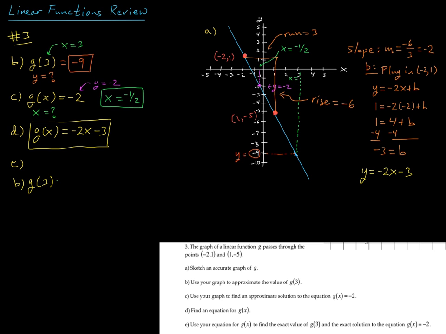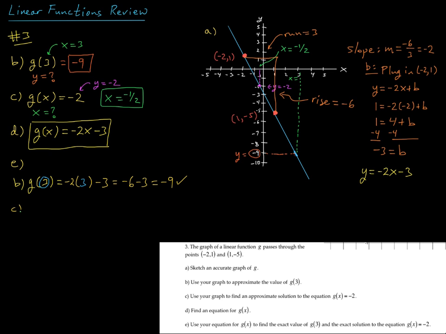Well, now that we have the equation for g of x, let's plug in 3 for x. So this rule for g says multiply that input by -2 and then subtract 3. And this is -6 minus 3, and that is -9. So that's in agreement with what we got in part B.